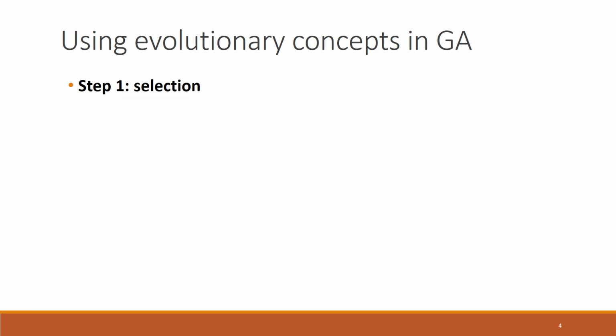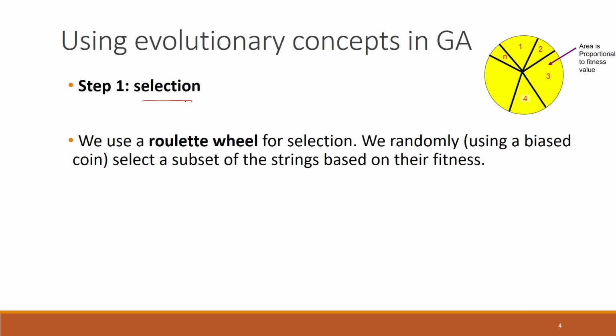Okay. So, once we have generated the initial population, the first step is selection. There are various methods for doing selection. One of the methods is called roulette wheel selection. You might have seen what a roulette wheel looks like. A roulette wheel has different pies or slices, and these slices need not be of equal size.